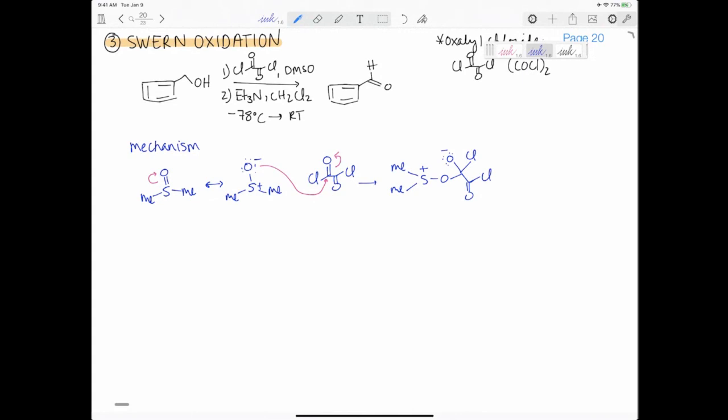Okay, and then similarly, resonance is going to call it back down to form a double bond, kicking off this as a leaving group to give me this here.